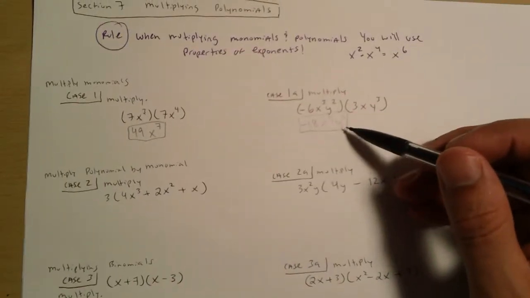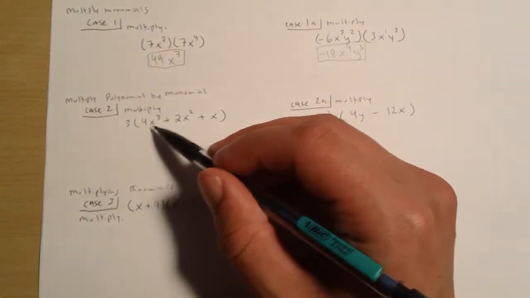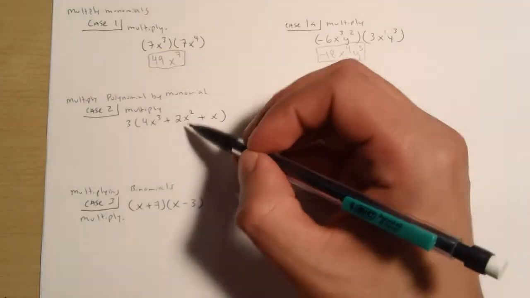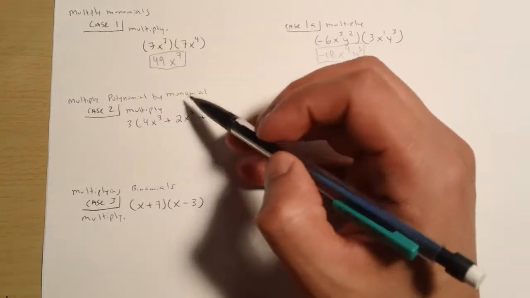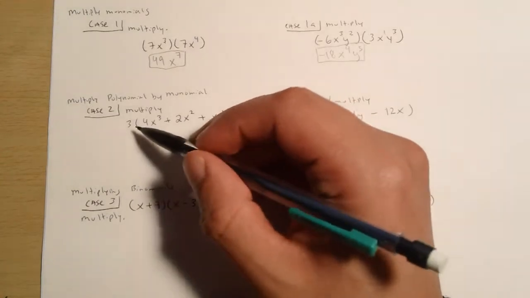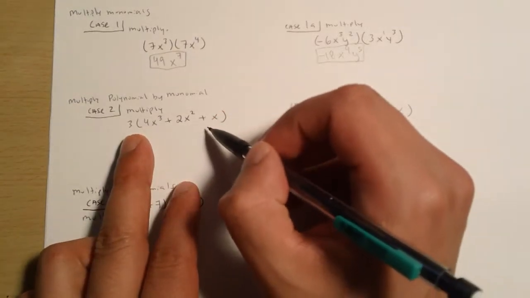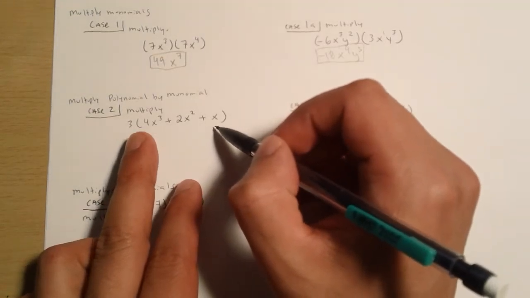Right here, we have 3 times 4x cubed plus 2x squared plus x. Whenever we're multiplying a polynomial by a monomial, in this case a constant, whatever form is inside the parentheses is how your final answer is going to look.